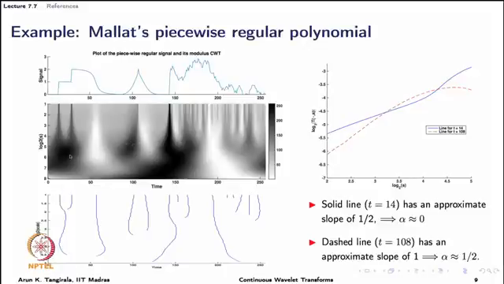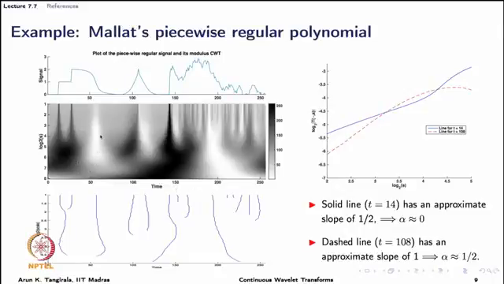The magnitude of the CWT converges from coarse to finer scales at several points, especially where there are discontinuities. So look at t equals 14, and then the next one here. There is a convergence of coarse to fine scales, but if you look at the color bar, the intensity of this is very weak.